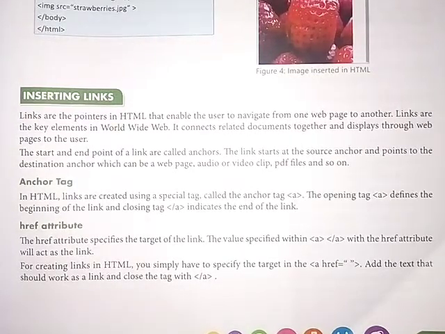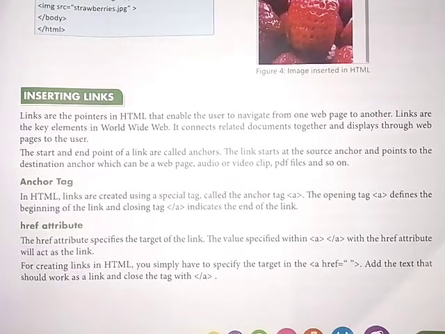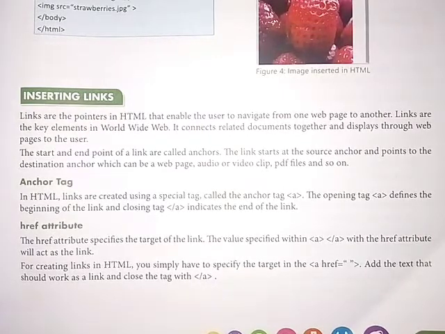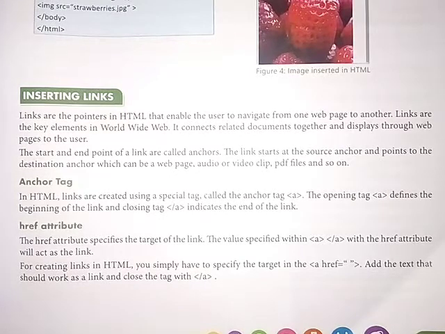Anchor tag. In HTML, links are created using a special tag called the anchor tag. The opening tag defines the beginning of the link and closing tag indicates the end of the link. href attribute. The href attribute specifies the target of the link.